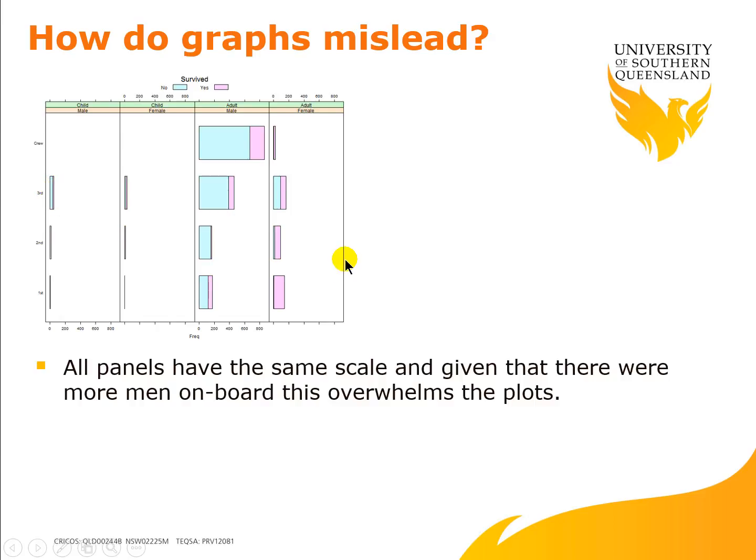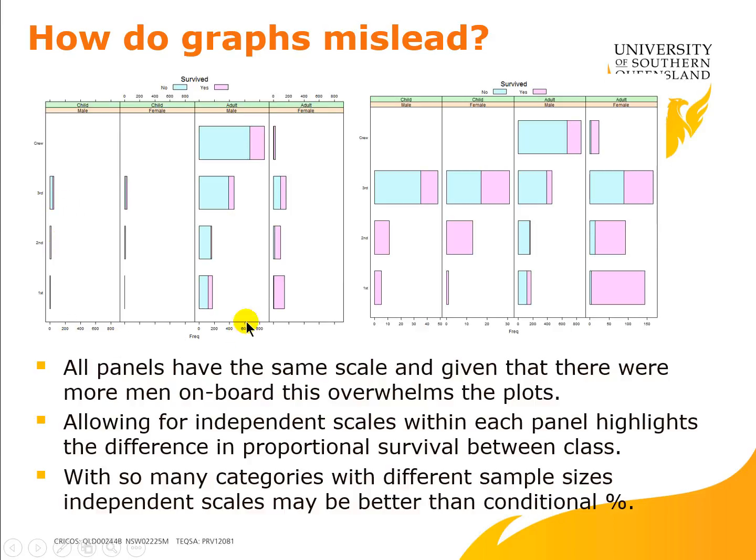So what we can do is think about what we really want to tell. If the story we want to tell is that we're not interested in the subtleties within each of these bars, we want it very clear that there were fewer children overall, then keeping the same scale is the best thing to do. But what we can do is change the scale for the children to be smaller overall so that these bars stretch out.